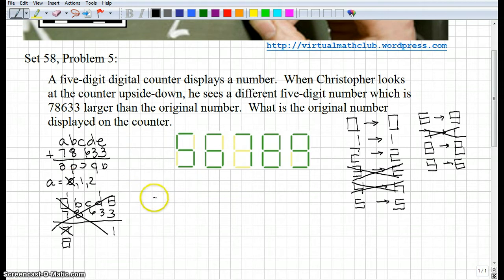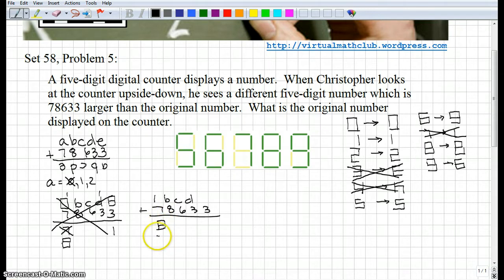All right. So let's go on. Let's look at the case where A is 1. So 1, B, C, D, and I'll leave E. 7, 8, 6, 3, 3. All right, we're going to add those. All right, so again, we don't know whether there's a carry or not. If there's no carry, it's an 8, right?